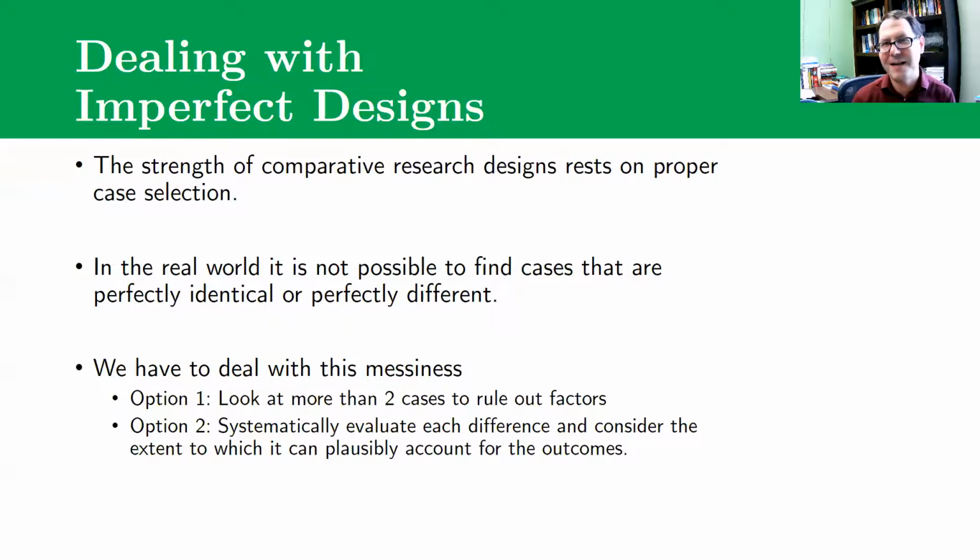And if we're not finding cases that line up perfectly, we have essentially two strategies. One strategy is to say, well, I can't get the kind of variation that I need in just two cases, so I'm going to look at a third case. I'll give you an example. Aaron Lijphart, a famous comparative political scientist, wrote an article on using the comparative method in political science.